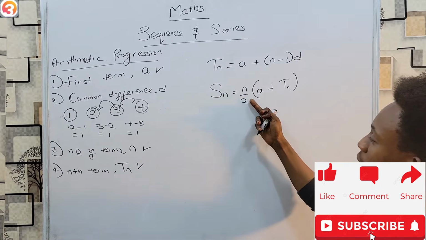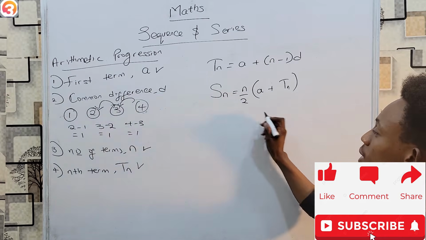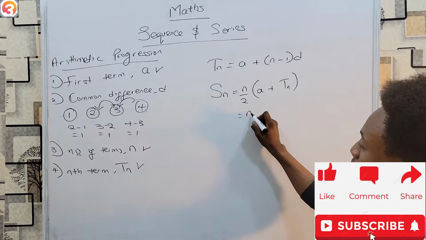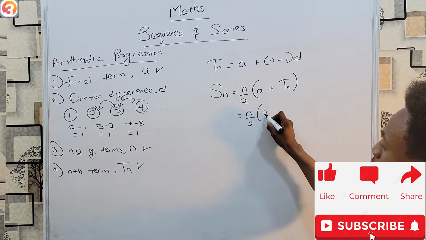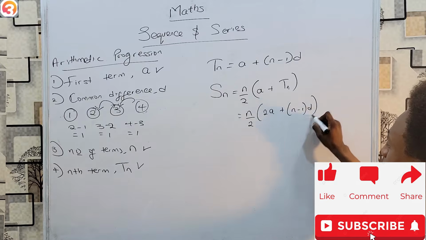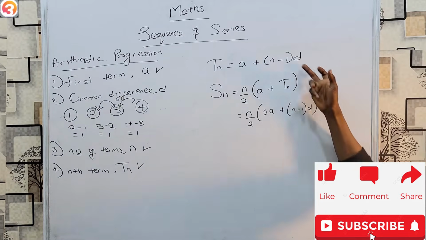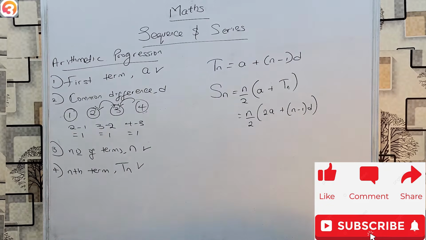So the number of terms over 2, times (a plus the last term of that particular sequence), which could also be written as n over 2 times (2a plus (n minus 1)d). So these are my two basic formulas when dealing with arithmetic progression.